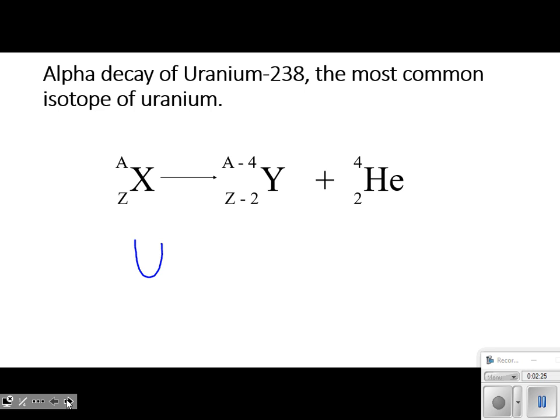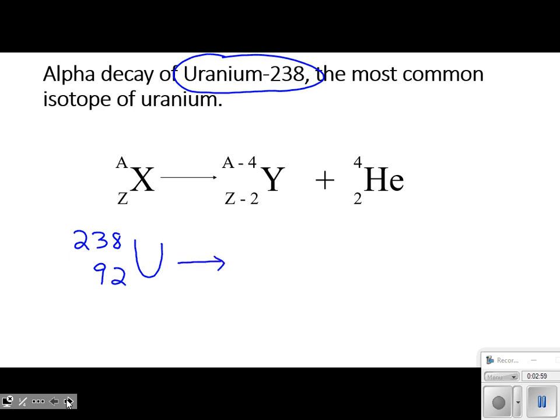Now, as I look on my periodic table, I know, based on my hyphen notation here, that my A is 238. I find uranium on my periodic table. Uranium has an atomic number of 92. So it has 92 protons.